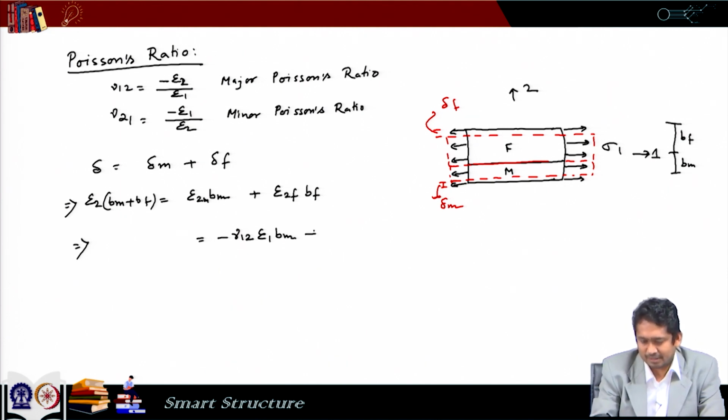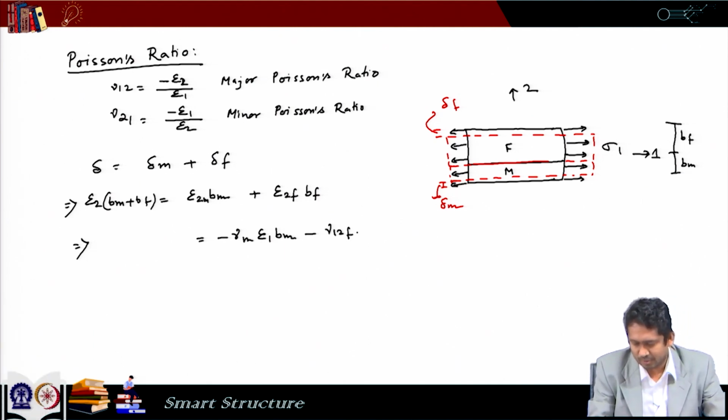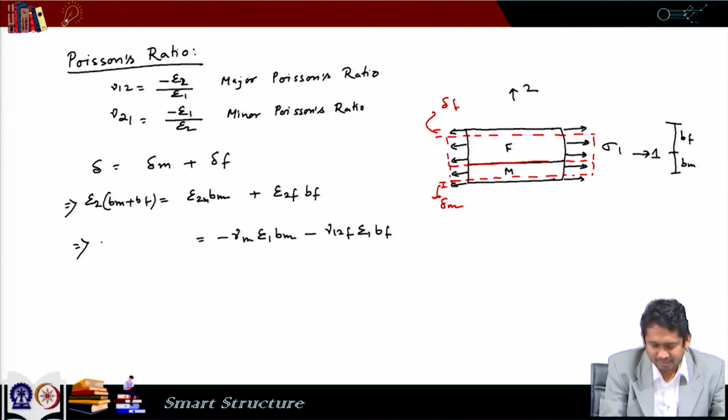For the matrix, nu 12 of the matrix is just nu m, and then nu 12 of the fiber multiplied by Bf, and here it is an equivalent quantity, the equivalent nu 12 of the composite multiplied by epsilon 1 multiplied by Bm plus Bf.